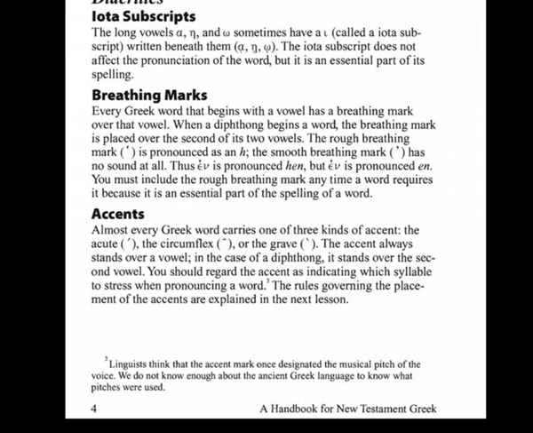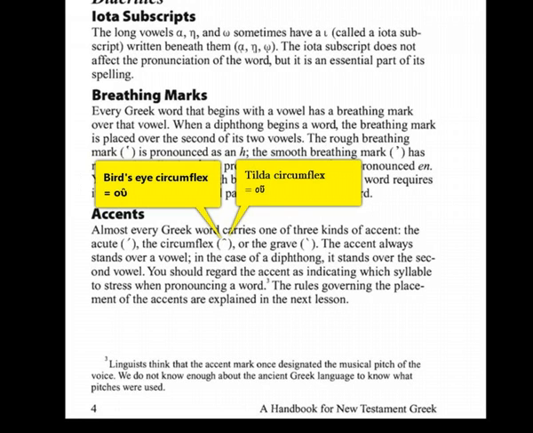Almost every Greek word carries one of three kinds of accents: the acute, the circumflex, and the grave. The circumflex can be written like a bird's eye or like a tilde. You should be aware that both of those reflect the circumflex.